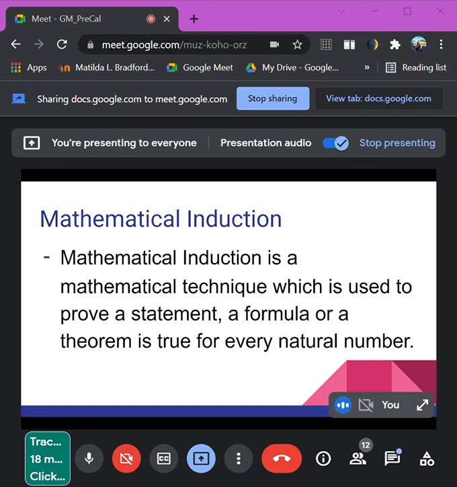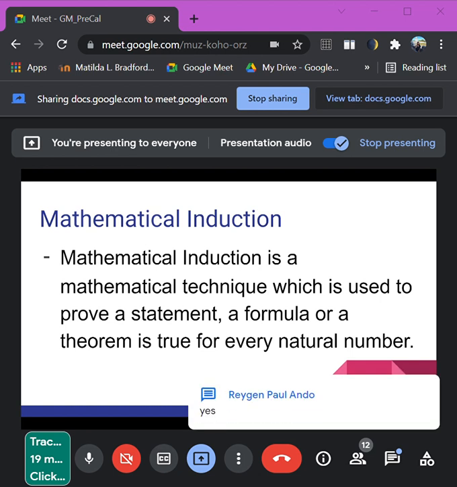So here in mathematical induction, your prerequisite lessons are your sequences and series, and then your sigma notation. Because as you remembered, series and sequences have formulas. Am I right? Sakto ba or dili? Okay, yes, very good.